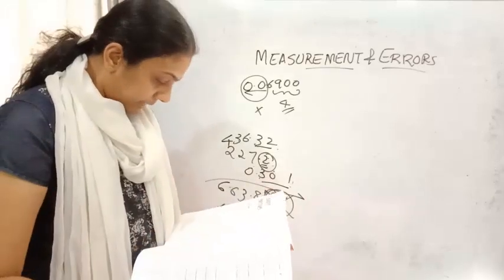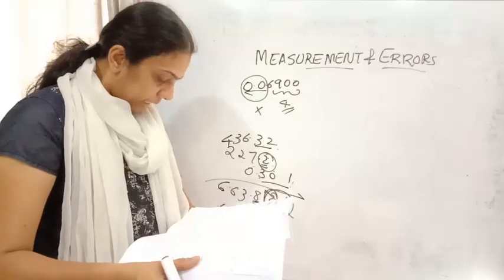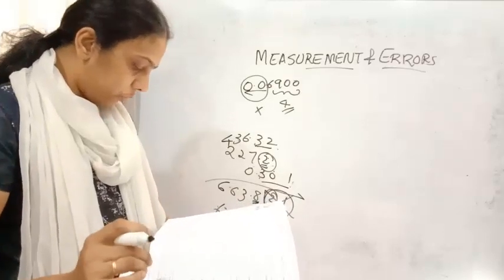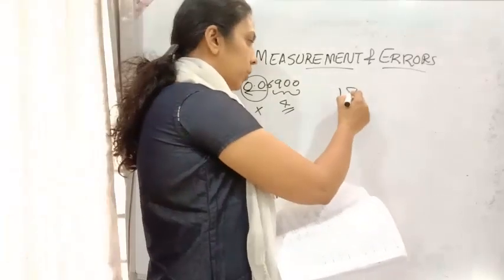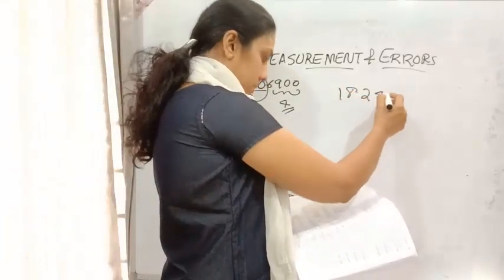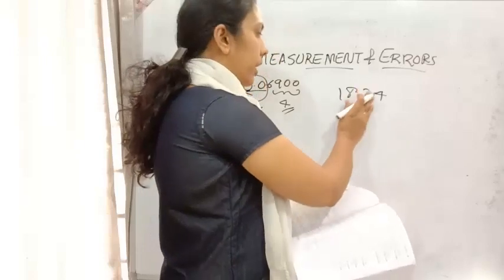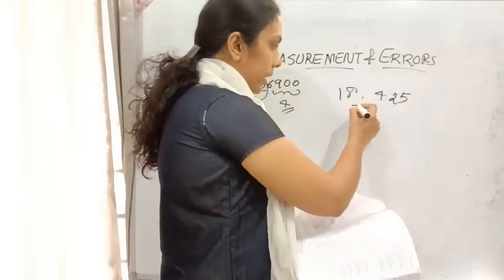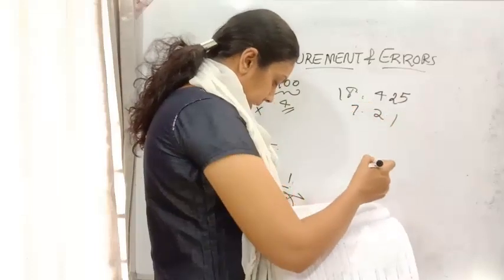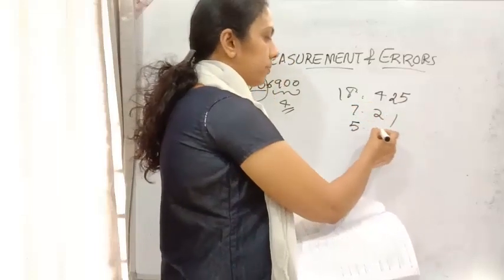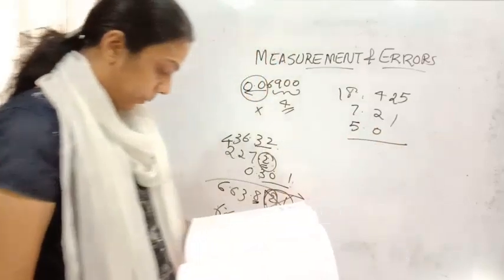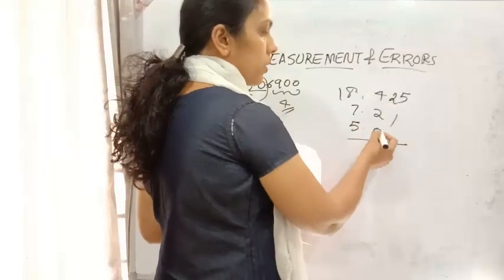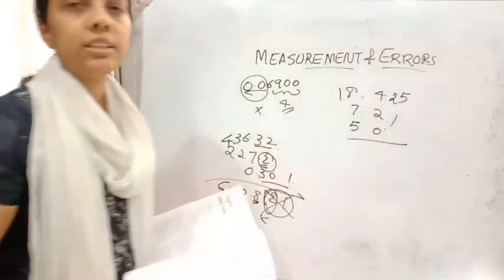Now the next question is: 3 measurements are made, 18.425 centimeter, 7.21 centimeter and 5.0 centimeter. This one you can do as a homework question because it is the same as the previous one. The addition should be written. So here also, after the decimal point how many digits should we maintain?